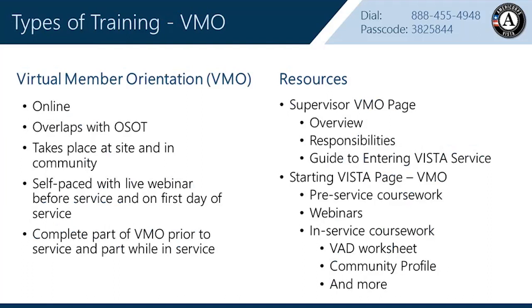You're really the one in the driver's seat here, which is the greatest benefit, I think, of VMO, as you're going to be able to determine what they experience as part of their orientation. The coursework we recommend is meant to help you and your VISTA member to learn about the VISTA program, the community, again, that they're going to be serving in, and their VISTA assignment. This allows you to ensure a smooth transition into the OSOT, again, as you can build both VMO and OSOT to strongly connect.